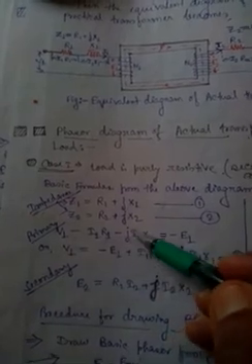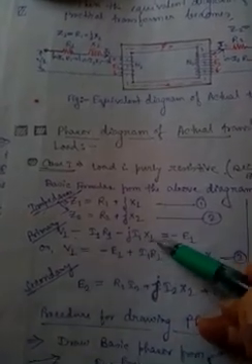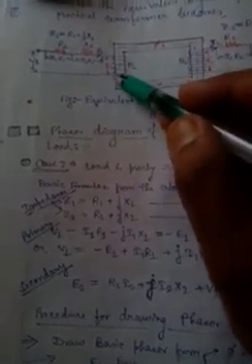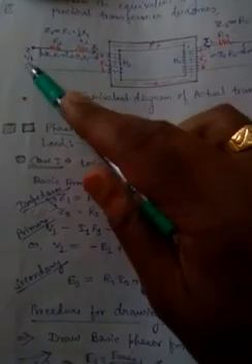Now you see, if we apply KVL here for the voltage equation, V1 minus I1 R1 minus jI1 X1 equals minus E1, because we know the induced EMF across the primary winding is opposing the supply voltage.